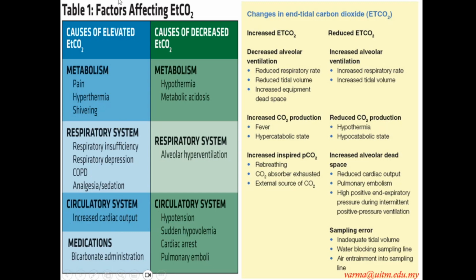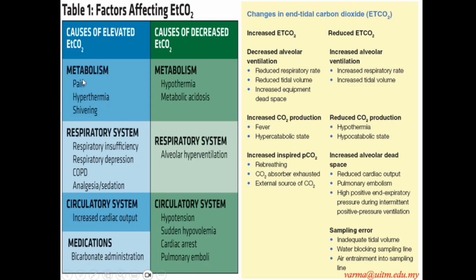So whatever alters carbon dioxide production and metabolism, the pathway of carbon dioxide from the blood to the heart to the lungs to the sensor, or whatever can cause an increase in carbon dioxide iatrogenically, can cause differences in end-tidal carbon dioxide.